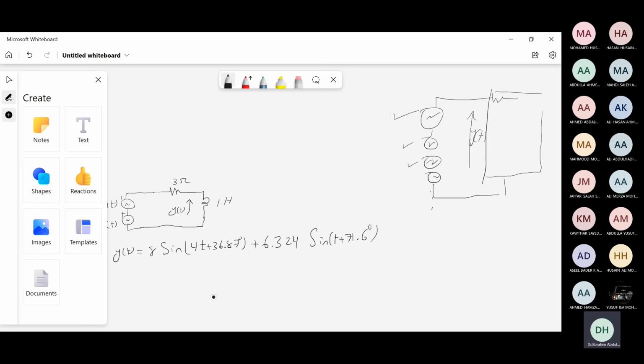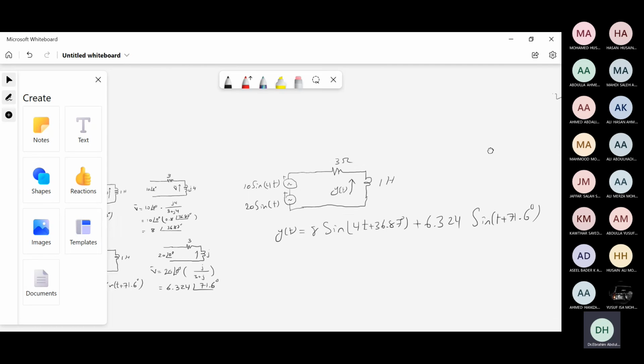How to find it? Apply superposition. So find the output only from source number 1, then consider only source number 2, then only source number 3. Find the results, then add all together to get the final output y of t.